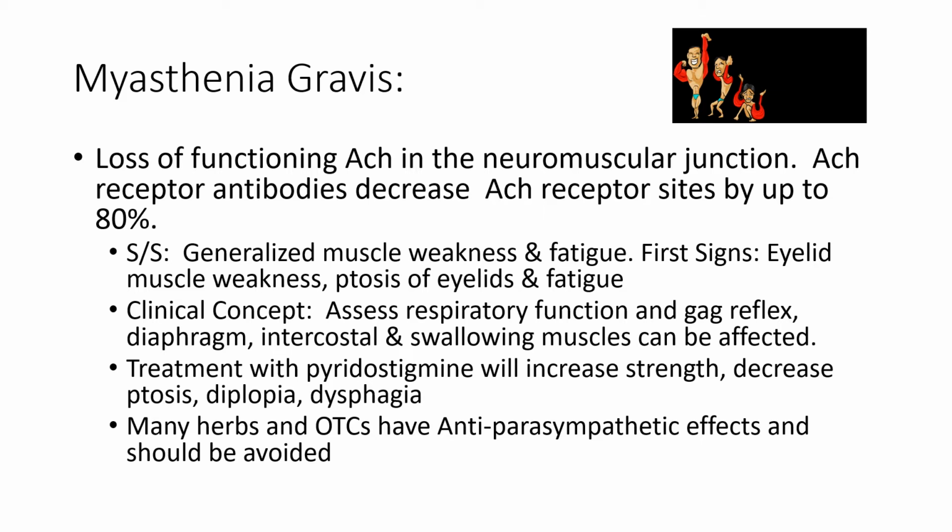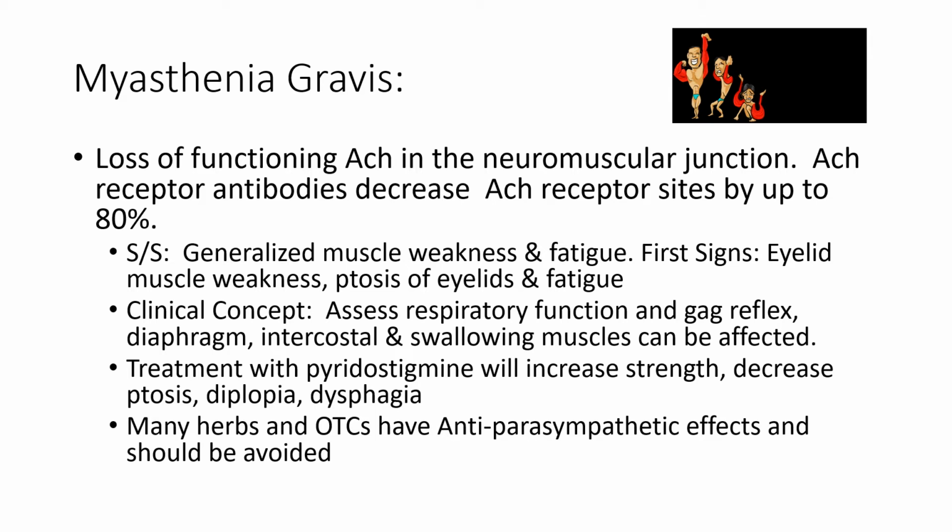So acetylcholine needs to be taken away once it's done its stimulation, and it's taken away with acetylcholinesterase, which is an enzyme that hangs around the neuromuscular junction, and it breaks down acetylcholine once it's done its stimulation.